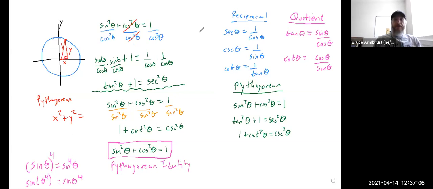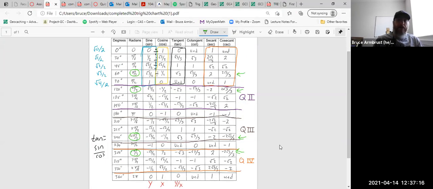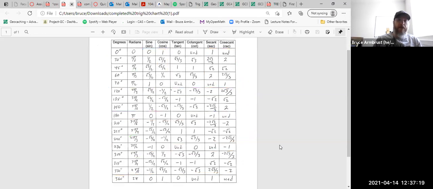All right, so let's go back and look at that chart. Actually, let's pull up a new one because this one's pretty cluttered. So here's what I want to do. I want to look at cosine, and I want to think about it as a function, meaning look at domain and range and intercepts and all of that good stuff.